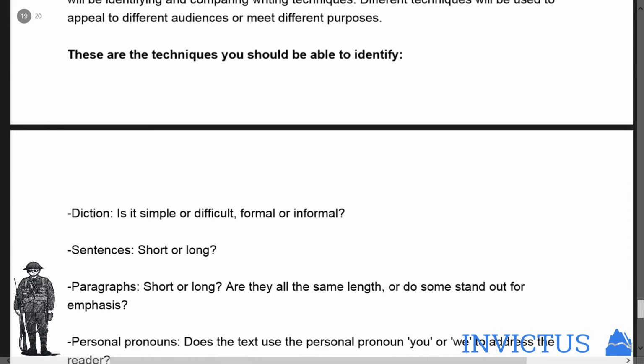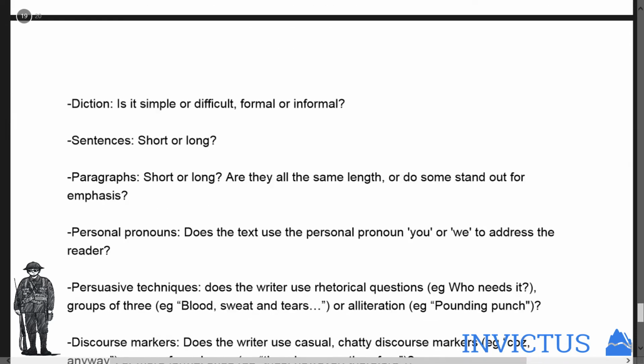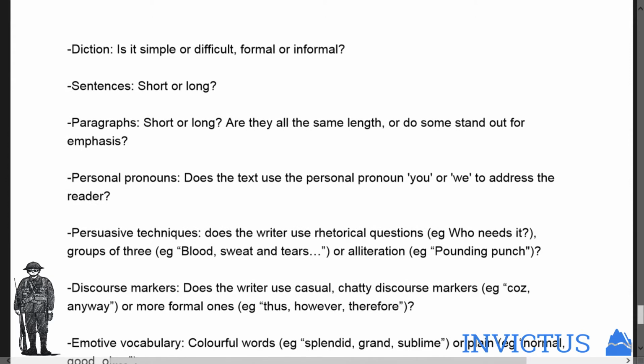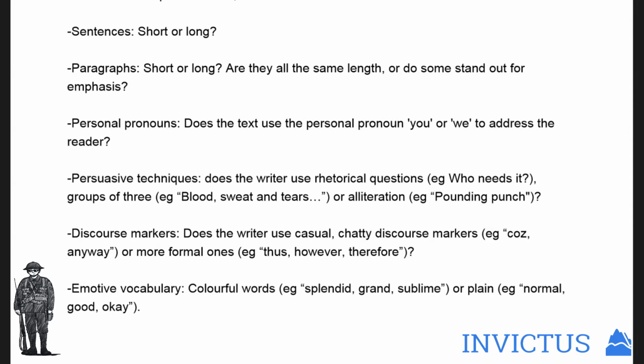So you should be able to identify, or at least pick up, the diction, sentences, paragraphs, personal pronouns, persuasive techniques, discourse markers, emotive vocabulary. For example, you could have a difference between a news report and an advertisement for something happy. Of course, you could say that the advertisement has lots of emotive language.